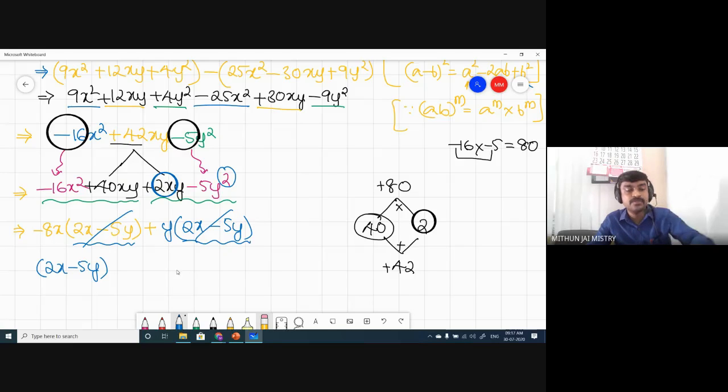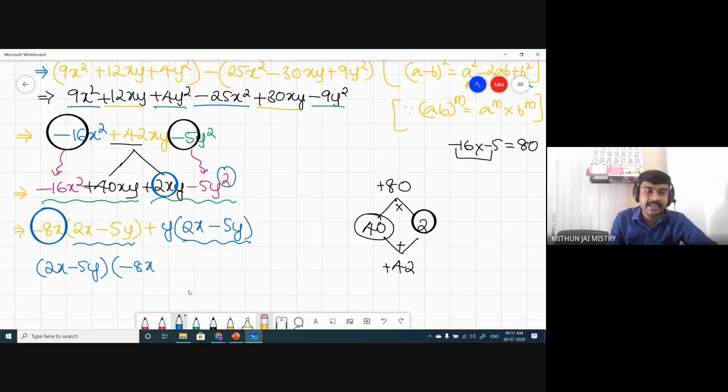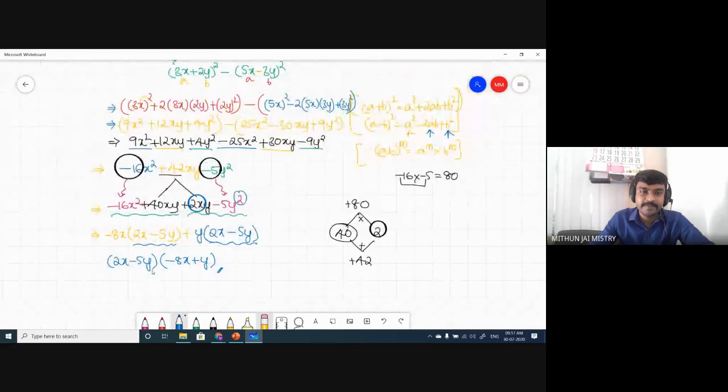When the underlined one is going outside, we are left with minus 8x here, and the other 2x minus 5y is taken common, so plus y is left. Children, this is your answer. We have expressed the given polynomial as a product of its two factors, that is 2x minus 5y into minus 8x plus y. If you multiply this, again you will get the same thing.